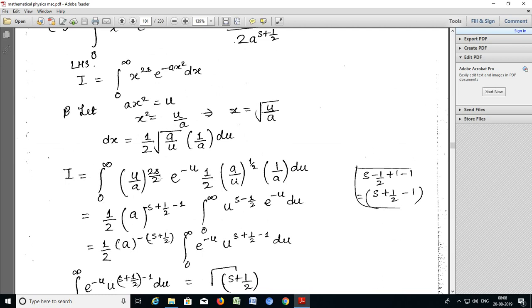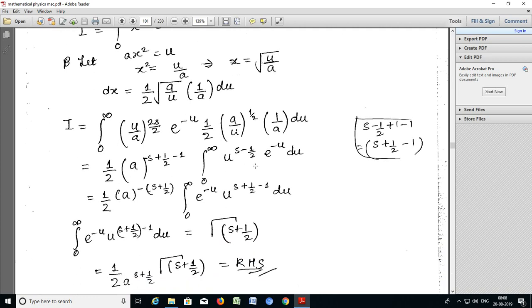Put the values in this integral, 0 to infinity. The whole term, instead of x, put under root of u over a. Rest of the terms like that. Constant terms out and combine the terms of u inside. So we get u to the power s minus half e to the power minus u, or it is half a to the power minus s plus half e to the power minus u, and this can be written as what? s plus half minus 1.